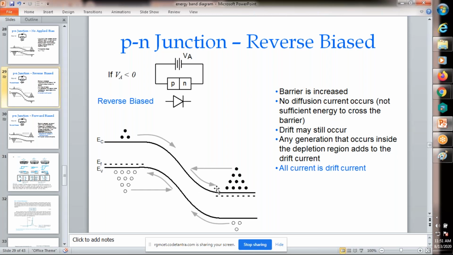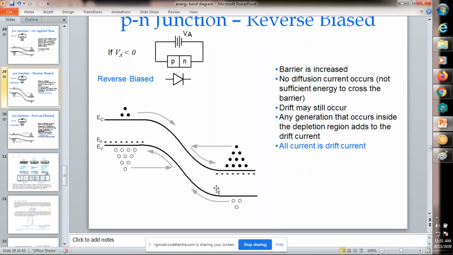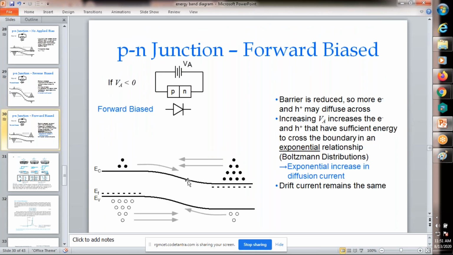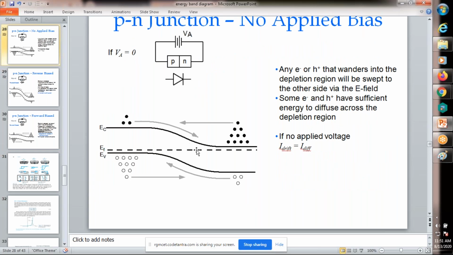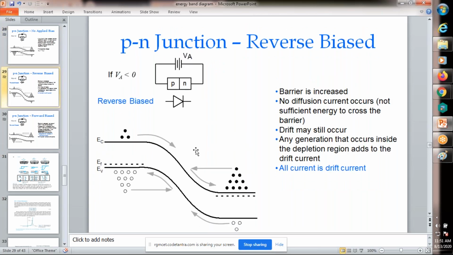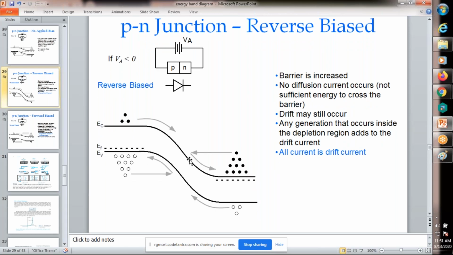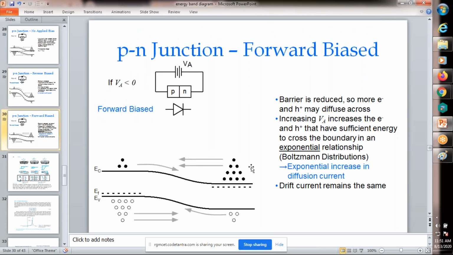Why? Because the depletion region increases, so the electric field also increases. Now in this case, it decreases. Always differentiate with respect to slope. Observe here the slope: this is the slope under no bias, this is the slope under reverse bias, and this is the slope under forward bias.